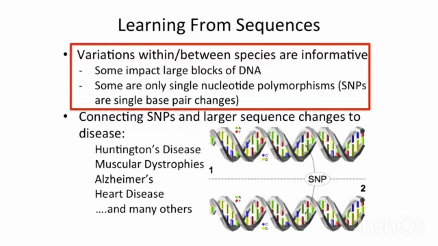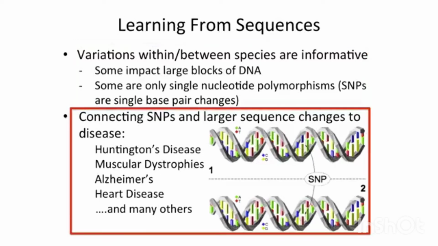These single base pair changes are termed single nucleotide polymorphisms, or SNPs, because that position varies across a population or between species. Using these SNPs and larger sequence changes, it has been possible to link DNA sequence to disease in a growing number of cases, with new additions to the list almost daily.